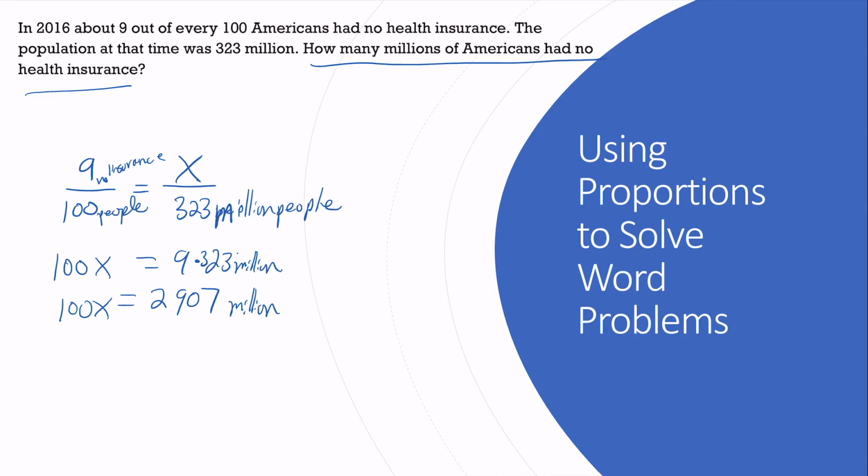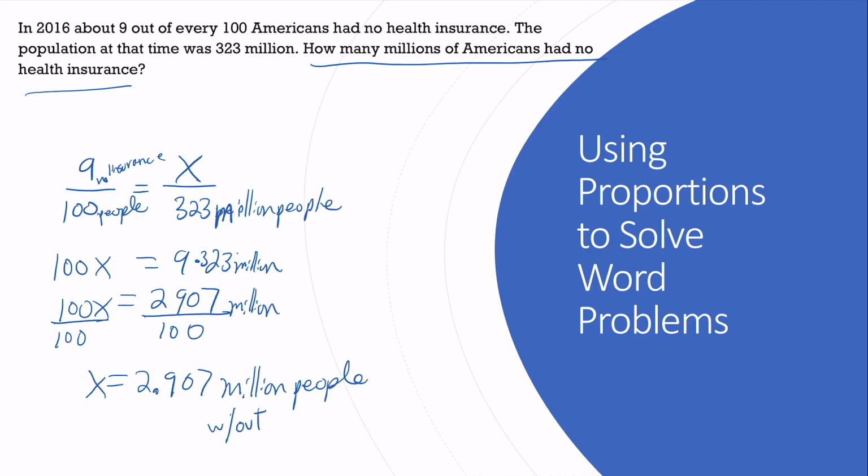Million's my units. I divide both sides by 100, and I get that x is 2.907 million people. And that's the number of people that don't have health insurance based on our initial proportion. So these are those without health insurance.